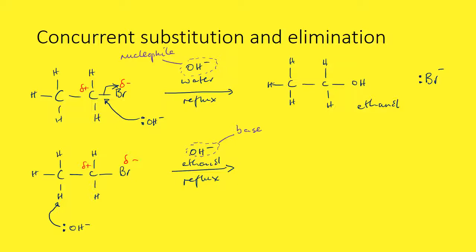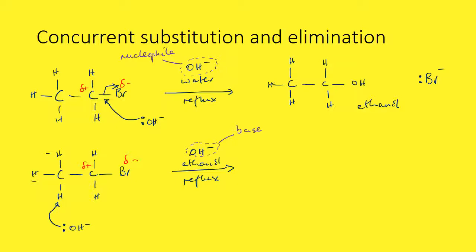Now, I've chosen this hydrogen atom deliberately. I could have chosen any of the hydrogen atoms on the methyl group. I could have chosen this one and this one as well, but I wouldn't choose the alpha carbon. I wouldn't choose the carbon that's bonded to the bromine. The reaction mechanism wouldn't work that way.